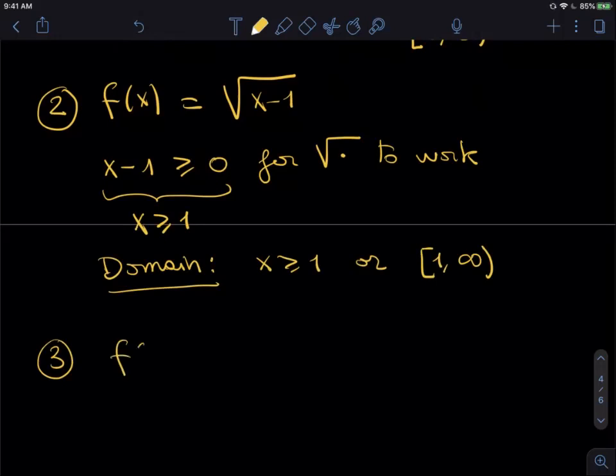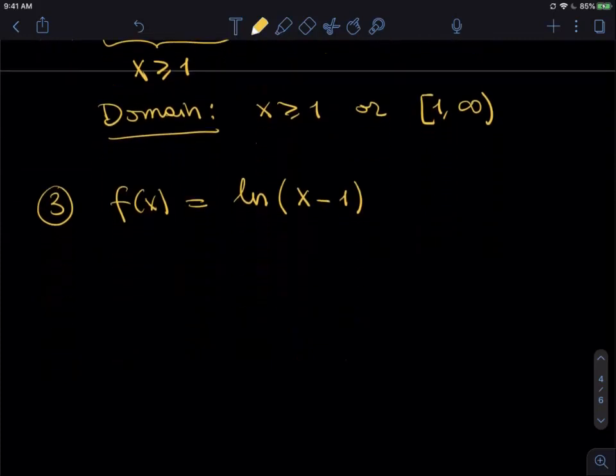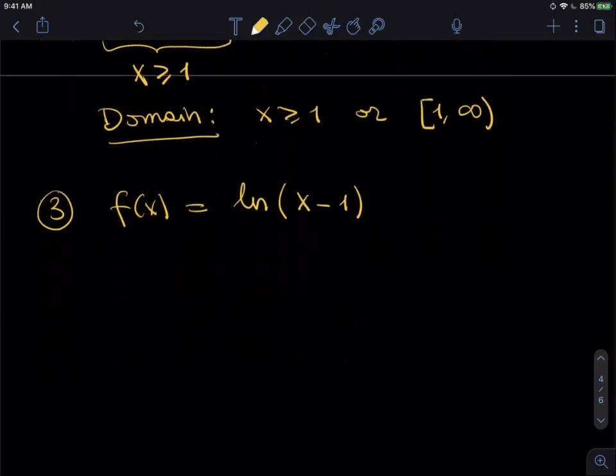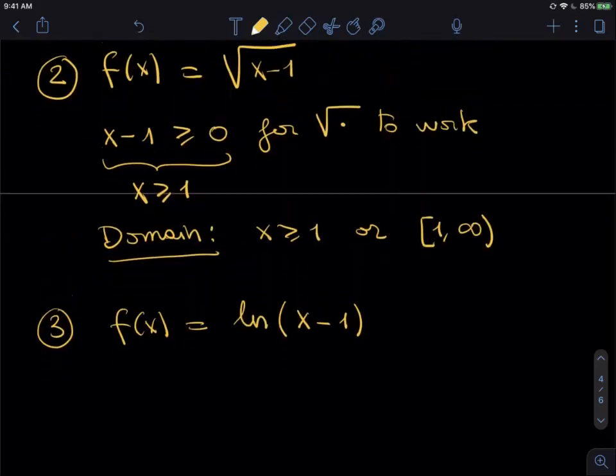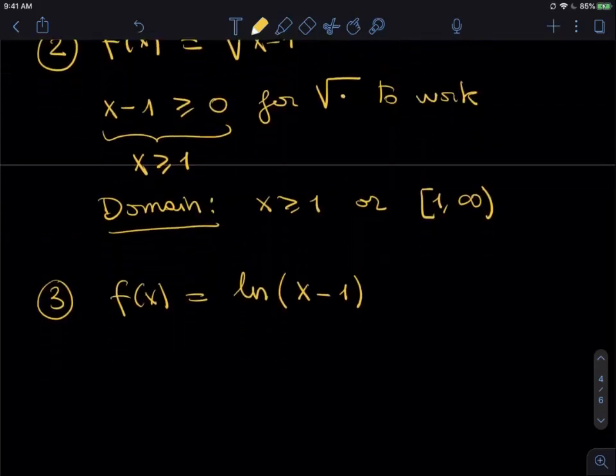Let's take f of x equals the natural logarithm of, let's say, x minus 1. Okay, so in this case, you see the logarithm, it's very similar. But the difference with the square root is that the logarithm doesn't like the value 0. It's not defined.